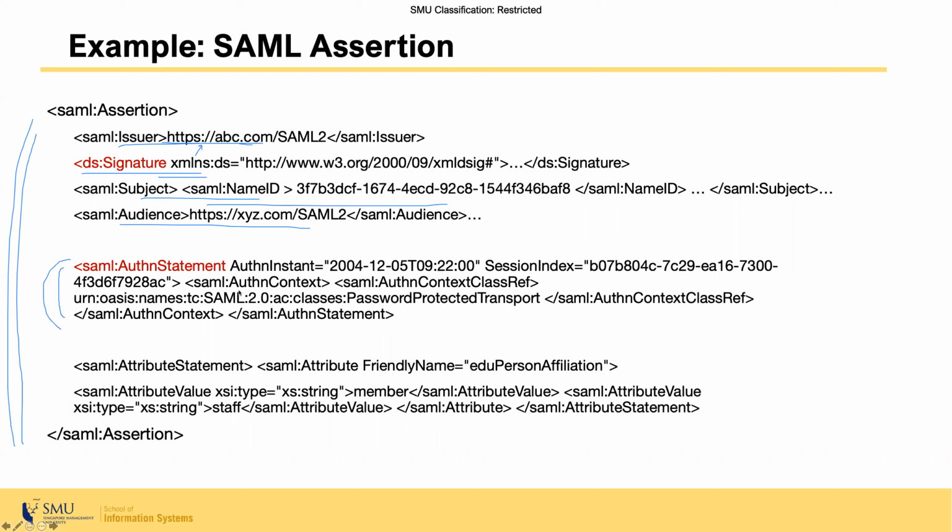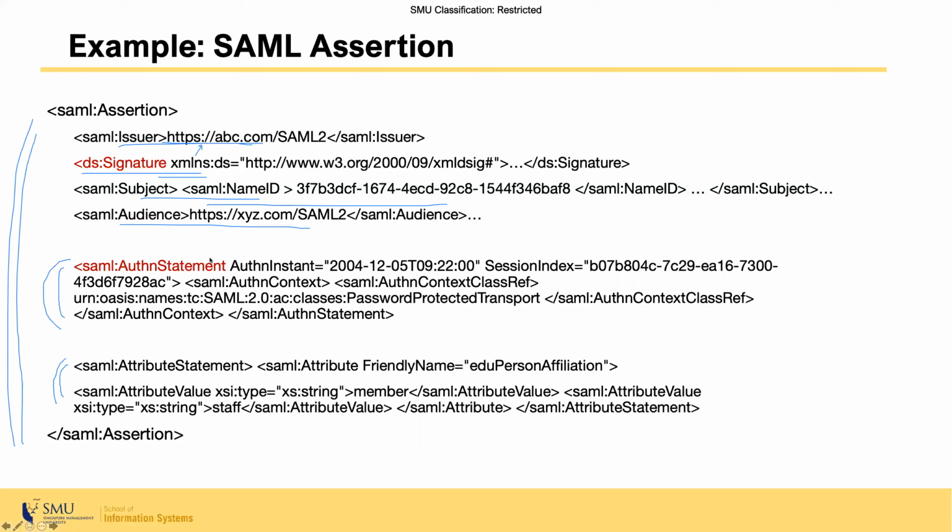It is the authentication statement about how this particular user has been authenticated to the asserting party. And it will also contain certain attributes associated with this particular user, for example, the affiliation of the user and some other information like emails and so on. And so that is how the assertion looks like.